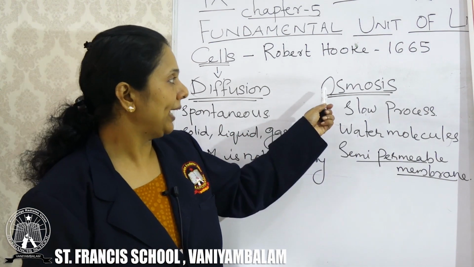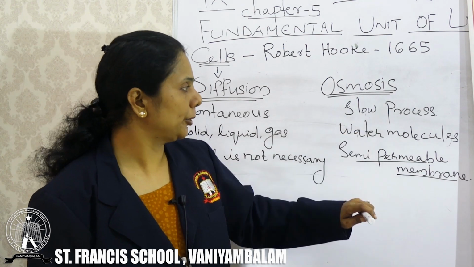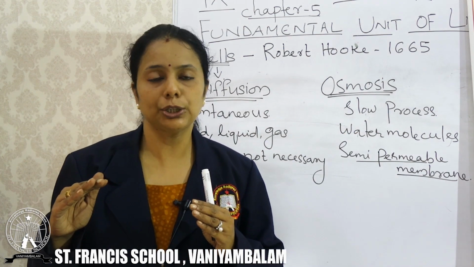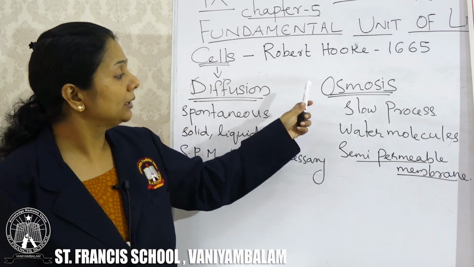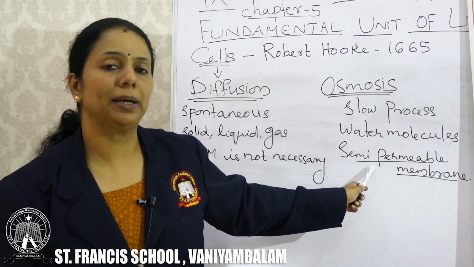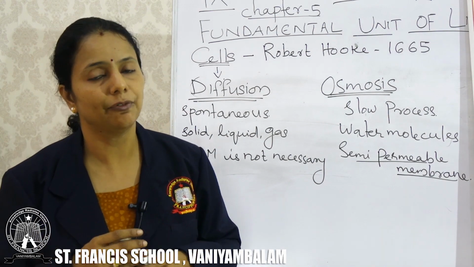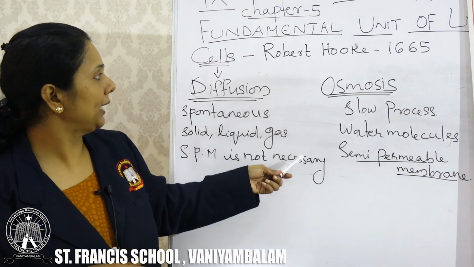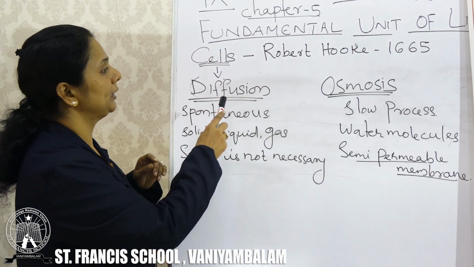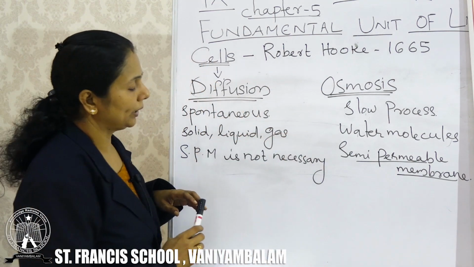Whereas in osmosis it is a slow process, only water molecules move, and it needs a semi-permeable membrane for the transport of water molecules. So these are the main differences between diffusion and osmosis.